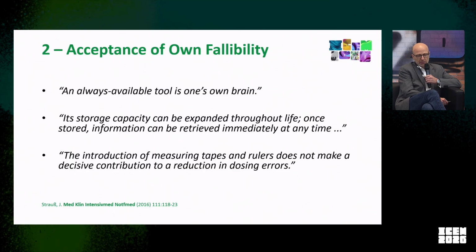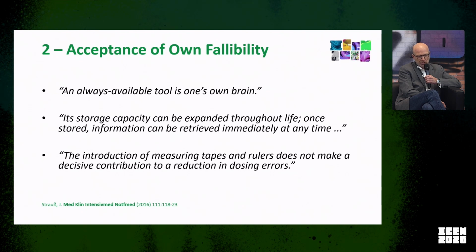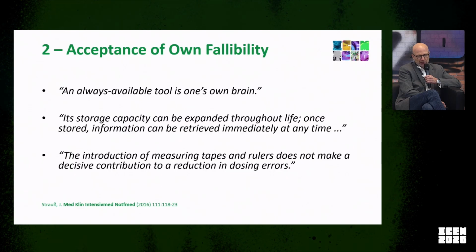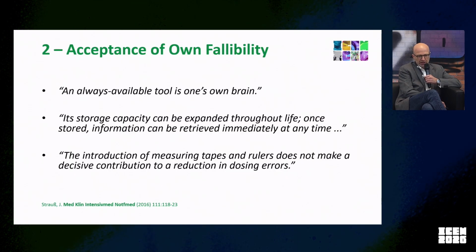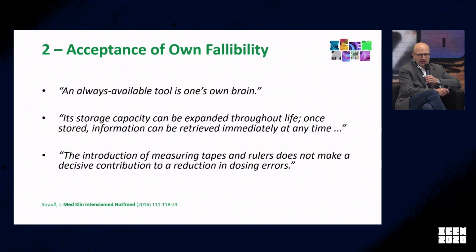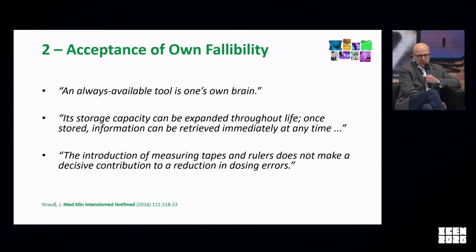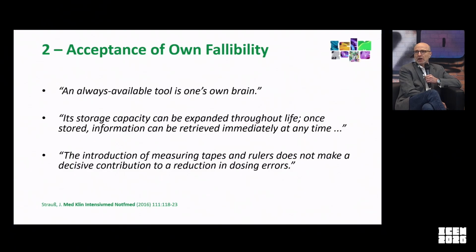The original text is published in a peer-reviewed German journal, and about this issue, a really known professor said the following things: an always available tool is my own brain. As far as this, when I reach the pediatric emergency, all right, I can check this, it's correct. Then he said its storage capacity can be expanded throughout life. Once stored information can be retrieved immediately at any time.